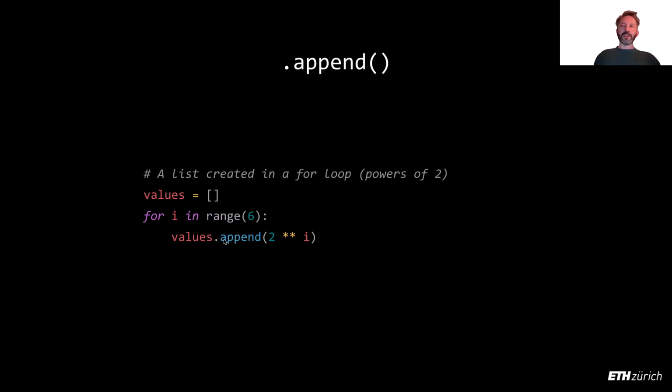This is a very relevant thing. So append in here, it's a function that is attached to a list. We create an instance of a list. This is effectively an object which is an instance of a class. The class is list, is built in into Python. And it has functions attached to it. To access functions attached to an instance, to an object, we use this dot notation.